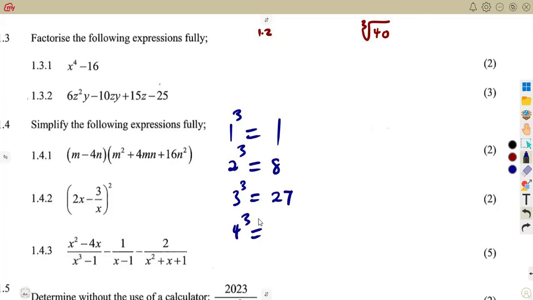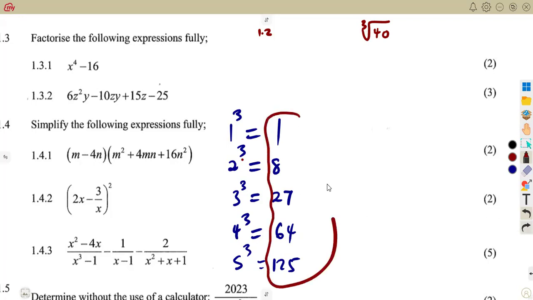So you can simply use your calculator to find these, or just know them. Because the number here is a cube root, you must work with these perfect cubes.